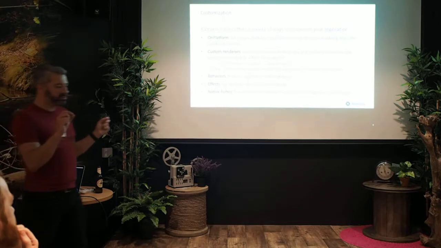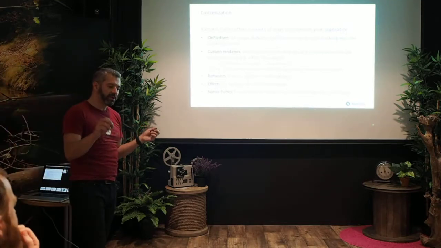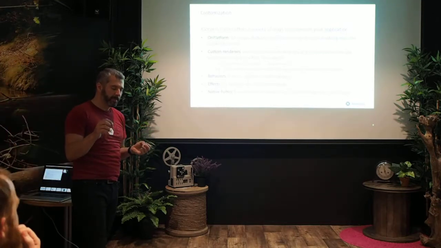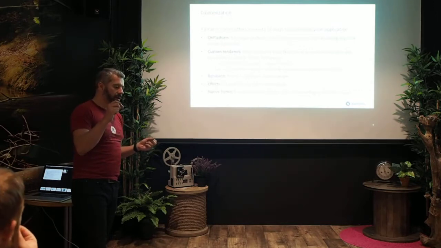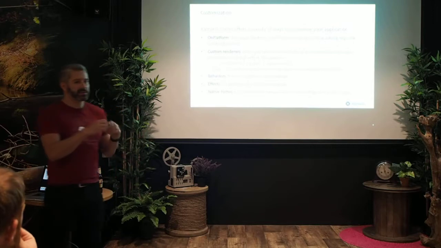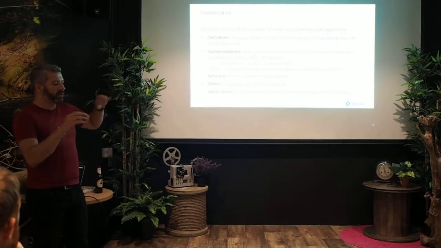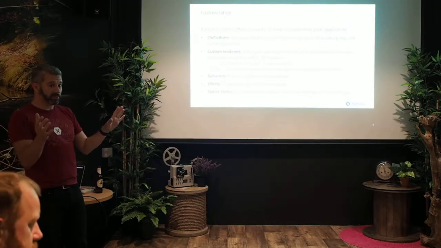Then if you need to be able to drill down and interact with, for example, a button, which, as I said before, will only expose properties which are common to all platforms.